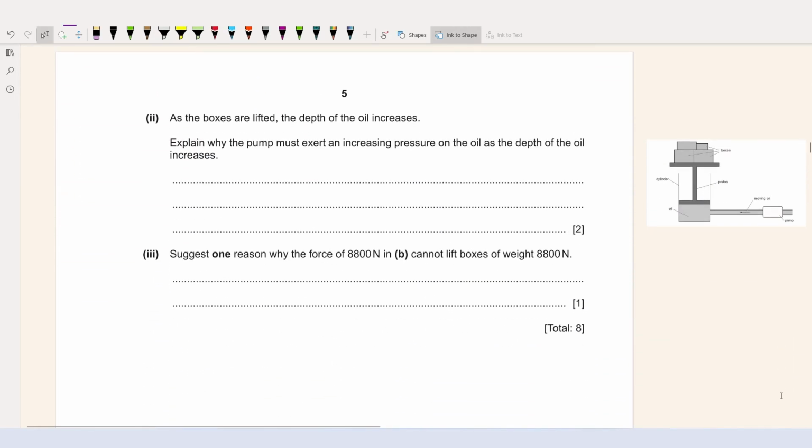Next part says that as the boxes are lifted, the depth of the oil increases. Okay, this is very important. You should note this down. Explain why the pump must exert an increasing pressure on the oil as the depth of the oil increases. So here is the diagram.